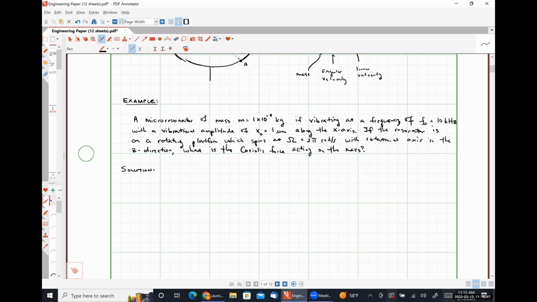So in the frequency domain, the resonator displacement can be written as x. It's going to be a vector.